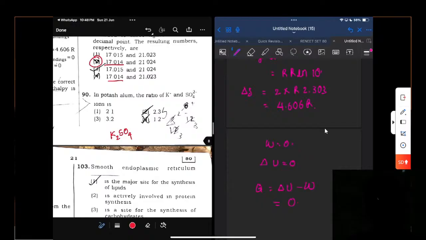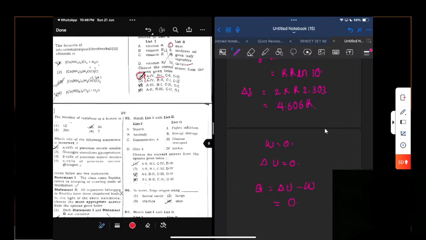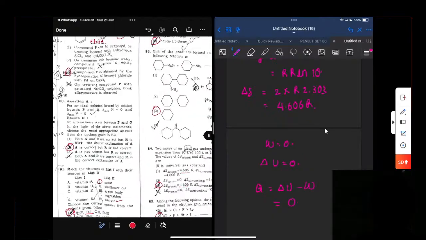So aluminium sulfate means Al2(SO4)3. So the total ratio will become 2 is to 4, 1 here and 1 along with SO4, 3 along with SO4 in Al2(SO4)3. So it's 1 is to 4, that's nothing but 1 is to 2, which is in option 4. So this is the answer for all the chemistry questions.